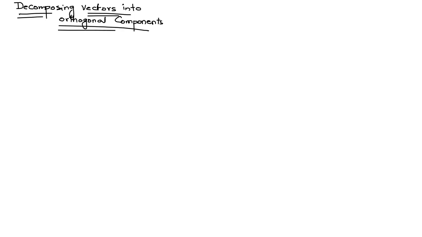So decompose the vector into the orthogonal components. What is the meaning of this? That you have to change a vector into orthogonal components. What is an orthogonal component? Any vectors which have 90 degrees between them are called orthogonal.